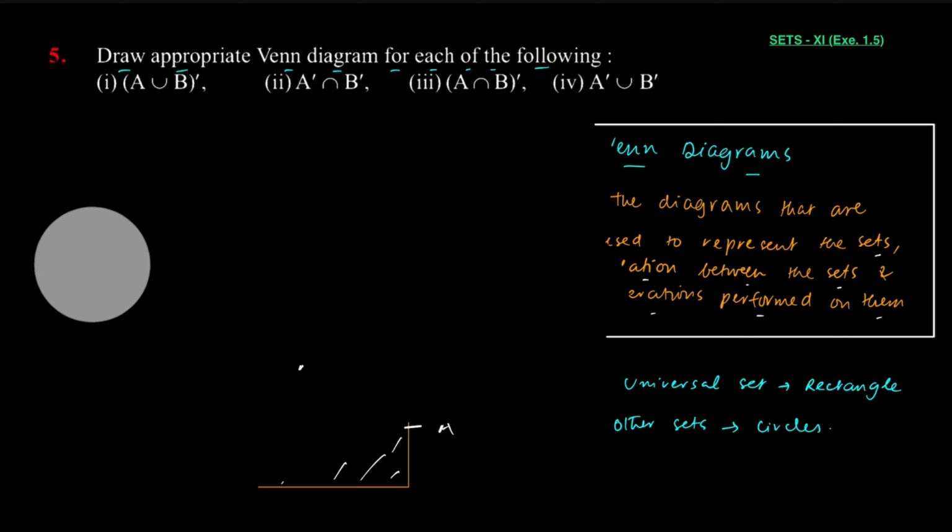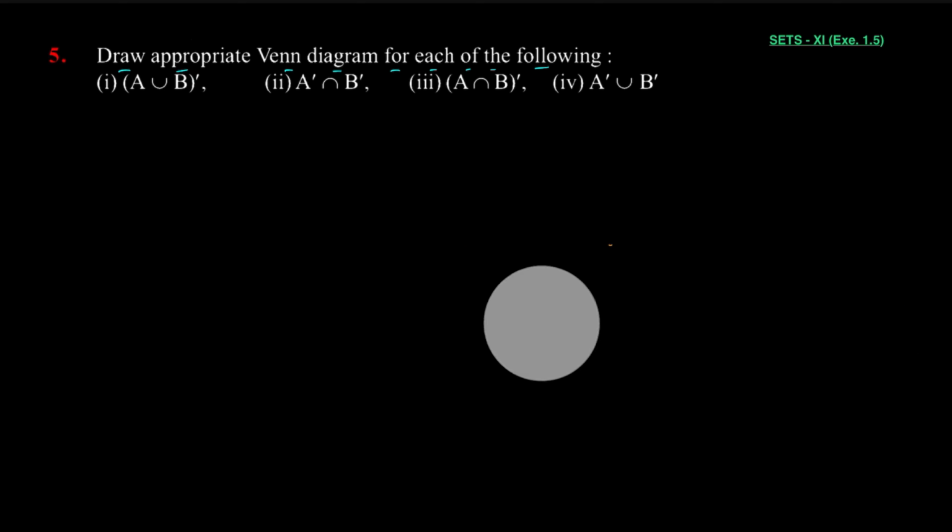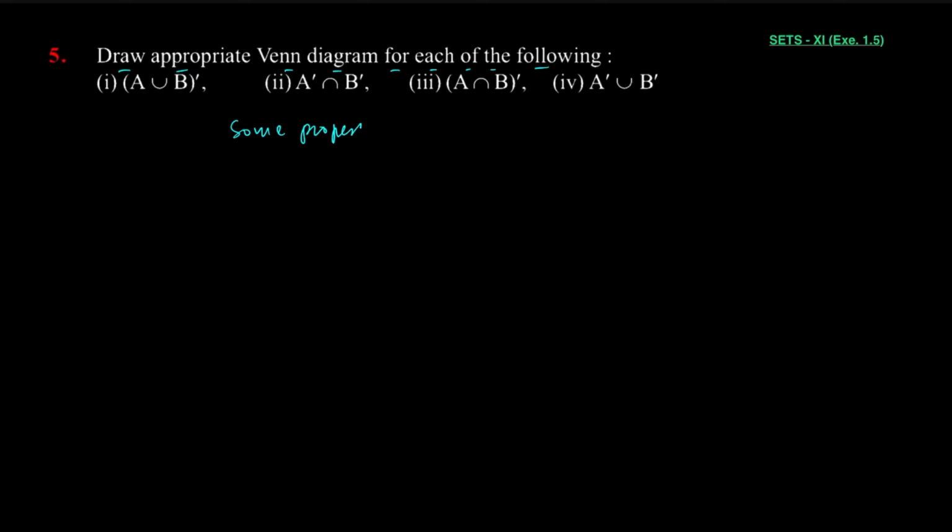Now to attempt question number 5, we need to remember some important points regarding the complement sets. So here we'll be going through some properties of complement sets. Here we'll have to go through some laws which we have to remember.